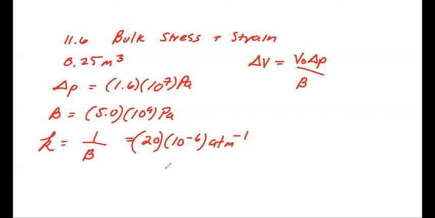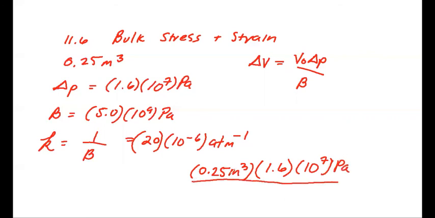Okay, so they just used K instead of B. But we'll go ahead and you can do it either way. K is just the reciprocal of B. So we're going to have 0.25 meters cubed times 1.6 times 10 to the 7 pascals divided by 5.0 times 10 to the 9th pascals.